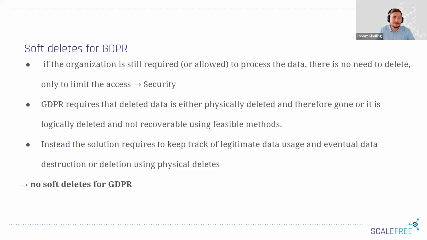And then we just need to delete the data in the personal satellite in the end, essentially. And you need to keep track of this data and its usage, especially also in the business world. And when a deletion request comes, you need to destroy or delete this data using physical deletes. For GDPR, it's not feasible to use soft deletes.